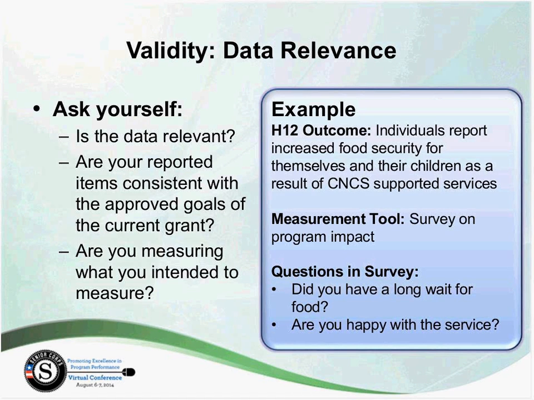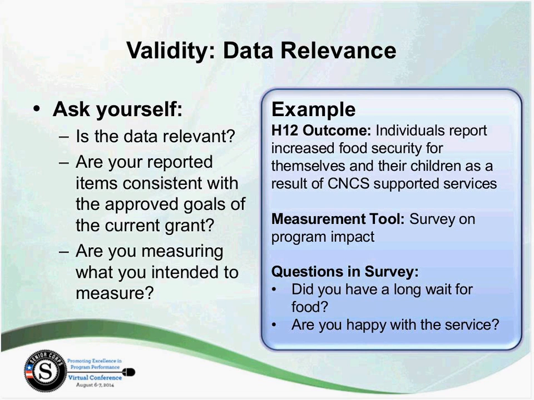As James mentioned, over the next few slides we're going to go into more detail about what each of these 5 elements represents. Validity asks whether data collected and reported by programs or grantees appears to measure the approved performance measure or program goal. Questions you can ask yourself when reflecting on validity include: Is the data relevant?